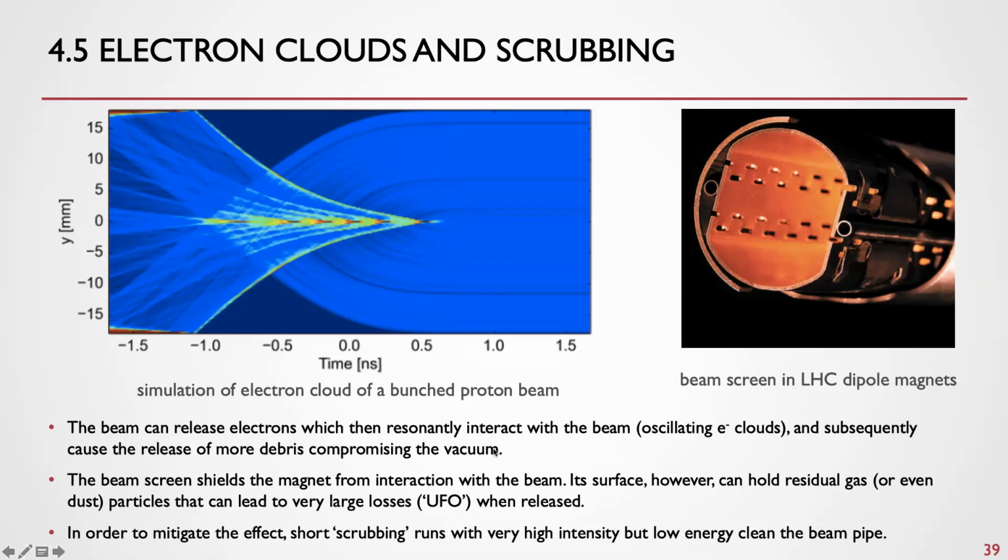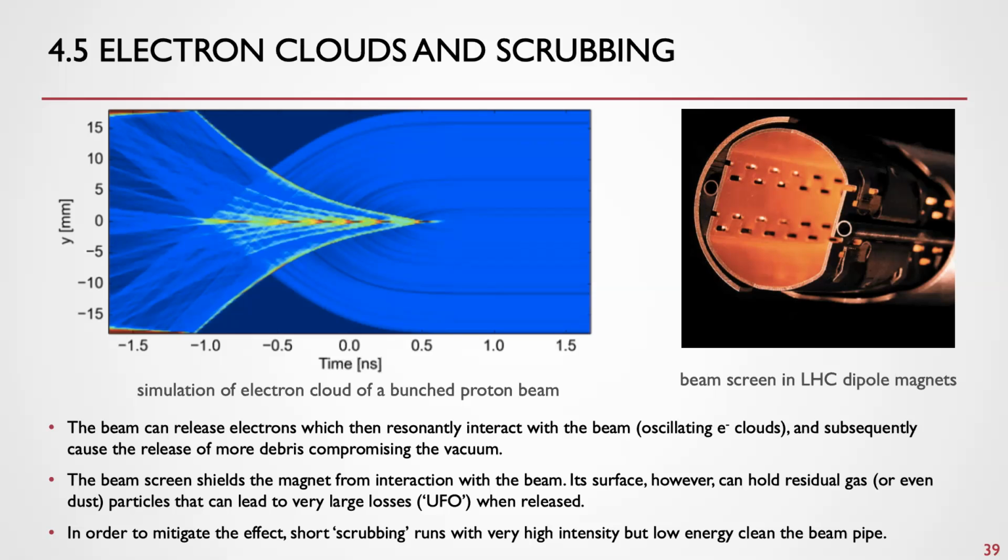If a larger particle, like a dust particle, is released somewhere from the beam pipe and hits the beam, then you get, remember we looked at this battleship, the kinetic energy of the particles in the beam is very high. We talk about hundreds of megajoule. So we have a megajoule hitting a dust particle.